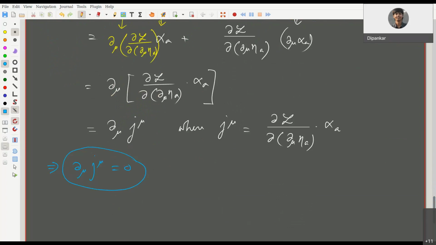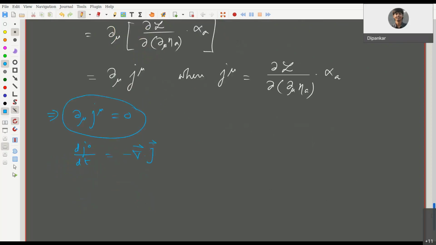If you expand this thing, it is just dj0/dt plus del dot j equals 0. So that means dj0/dt equals minus del dot j. That is the thing that you have here.